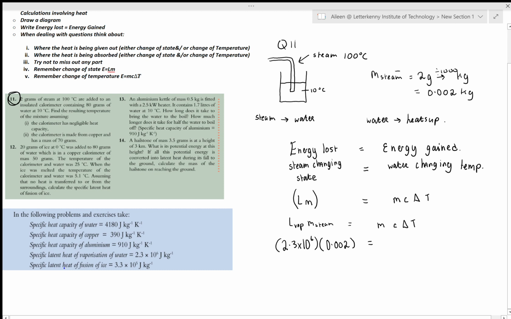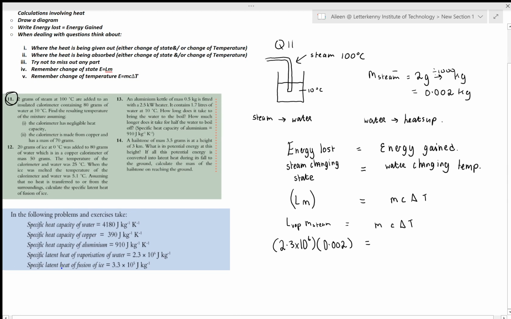Now, to find mc delta T for the energy gained by the water, we need the mass of our water. The mass of our water, we're told, is 80 grams. Converting this into kilograms gives us 0.08 kilograms.